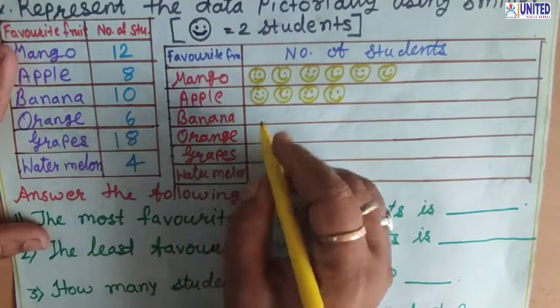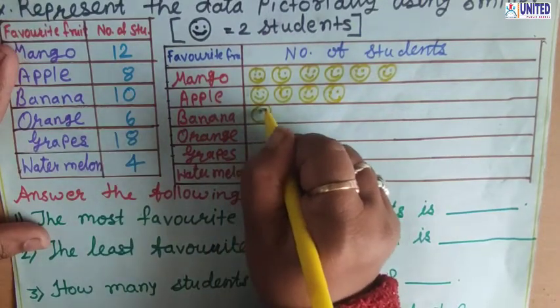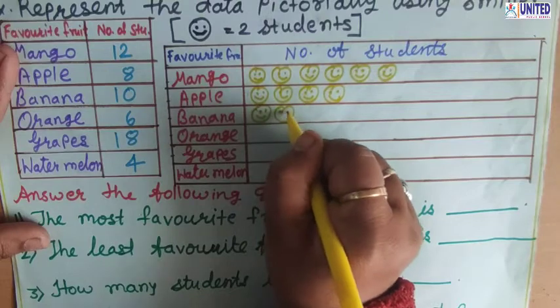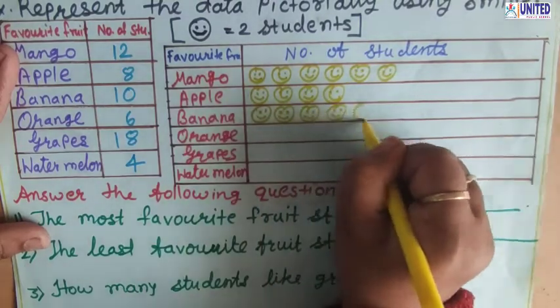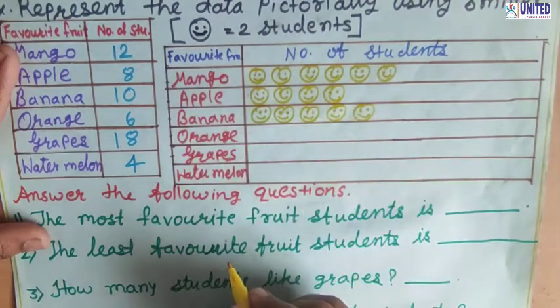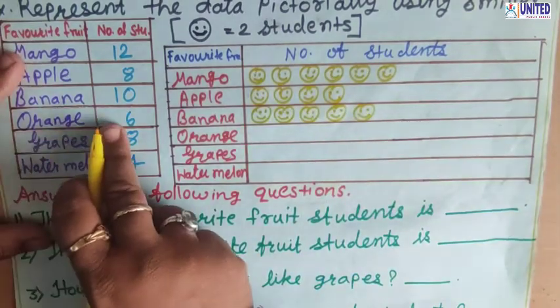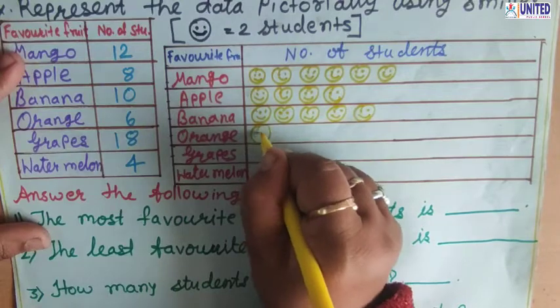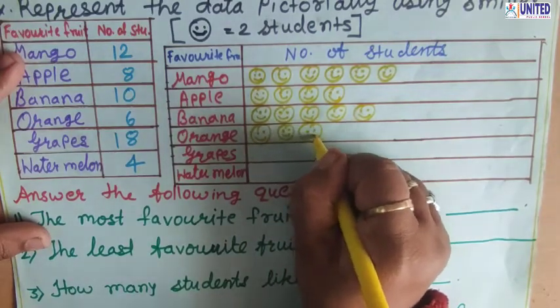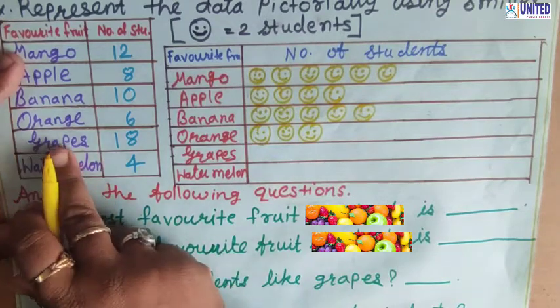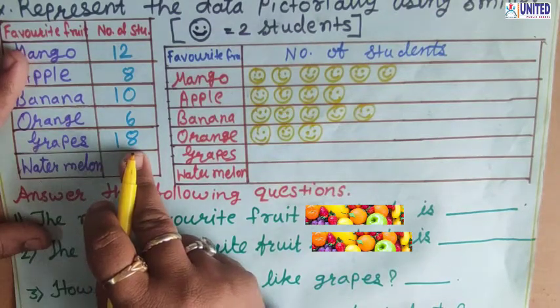Next banana. 10. So we draw 5 smileys. Now the orange. Orange is liked by 6 students, so we draw 3 smileys. Now grapes. Grapes is liked by 18 students. Half of that is 9.